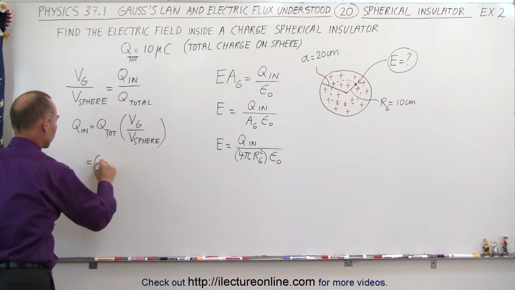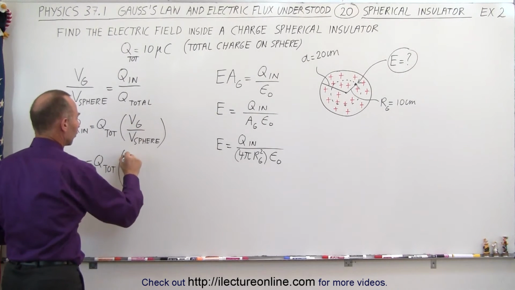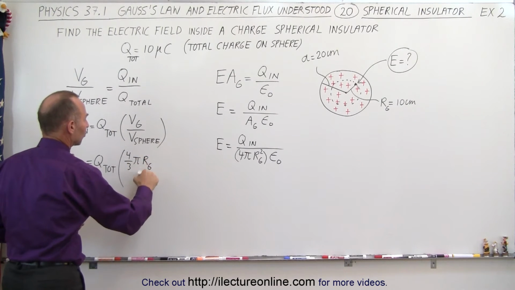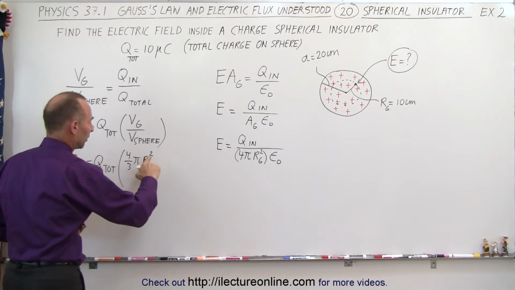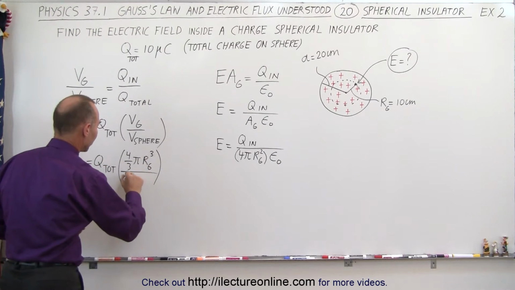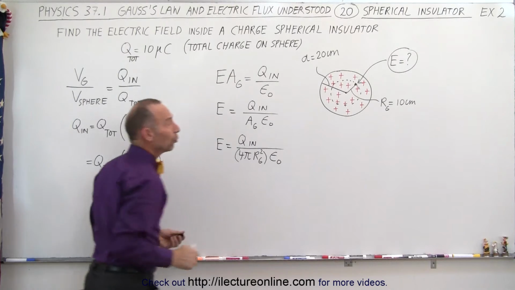So this is going to be Q total times the volume of the Gaussian surface, which is 4/3 pi times the radius of the Gaussian surface cubed, because we're looking for the volume, divided by 4/3 pi times a cubed, a being the radius of the whole sphere.